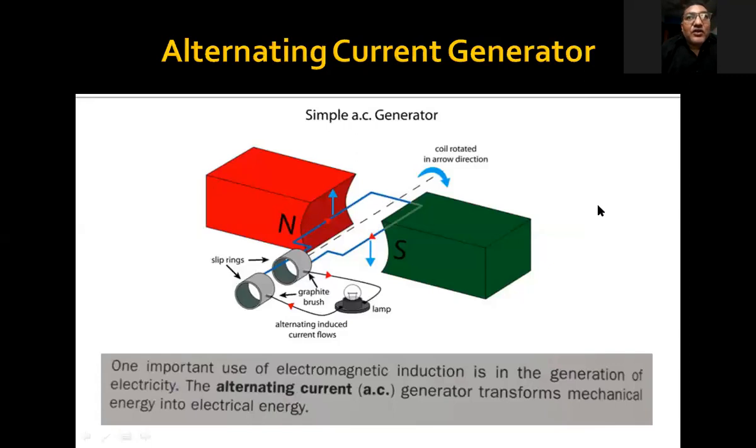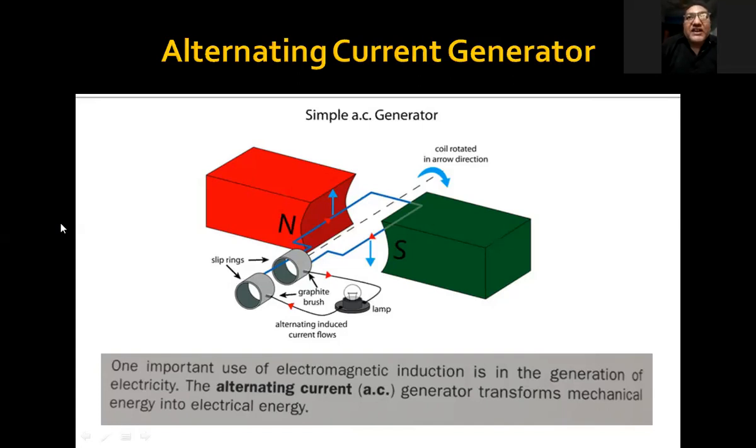Okay, so here we have a basic diagram of an alternating current generator. In our previous chapter, we have studied the DC motor. And what does the DC motor do?